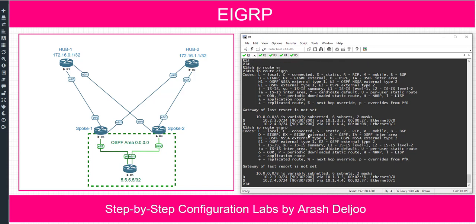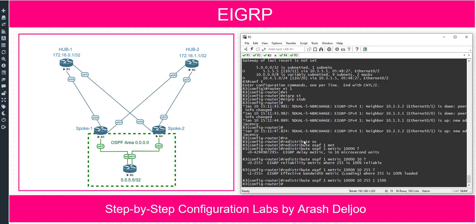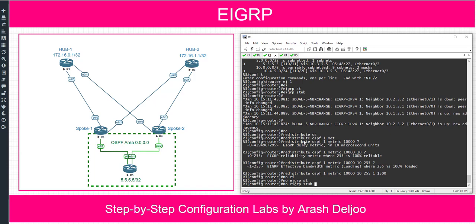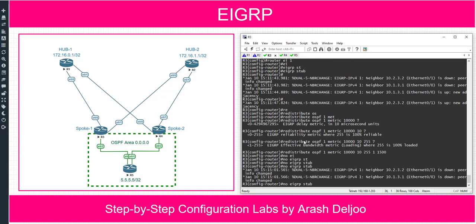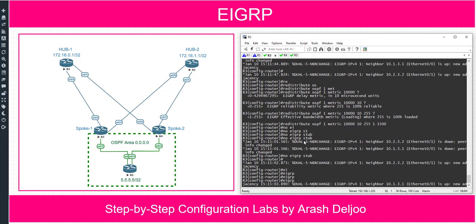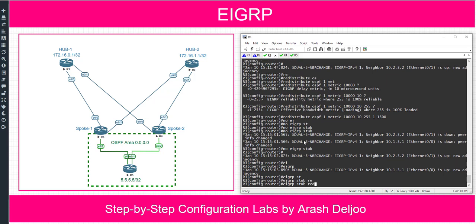Now let me configure the EIGRP stub feature to advertise only the redistributed networks. First, let me remove the previous command, no eigrp stub. Now we don't have any stub feature in router 3, and after that eigrp stub redistributed. That's it.